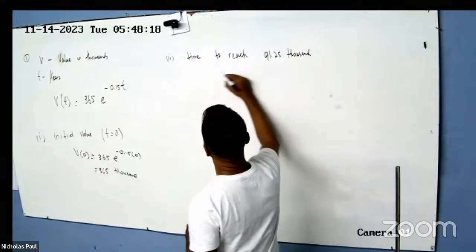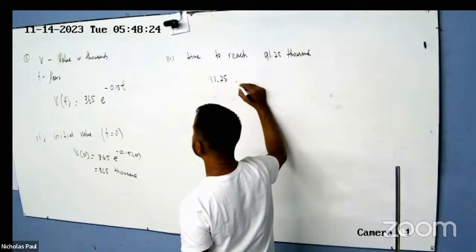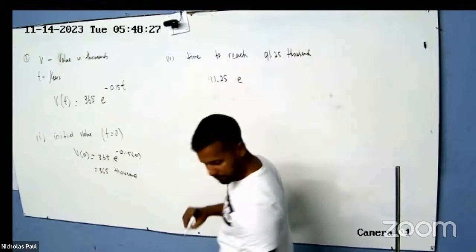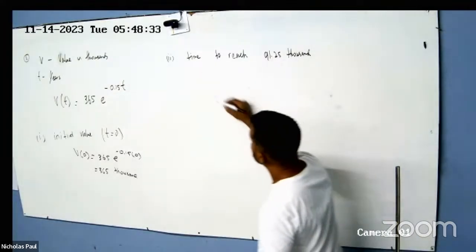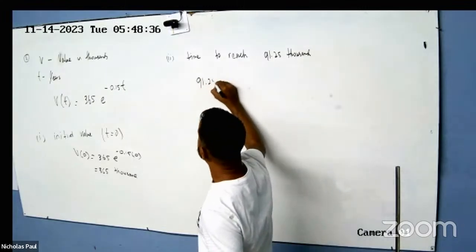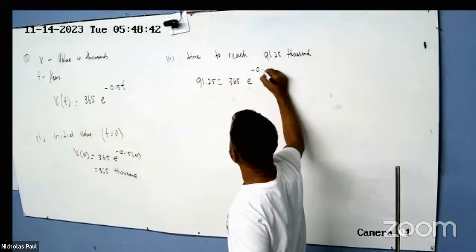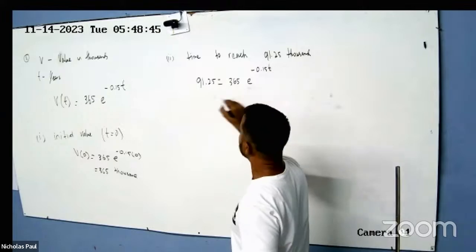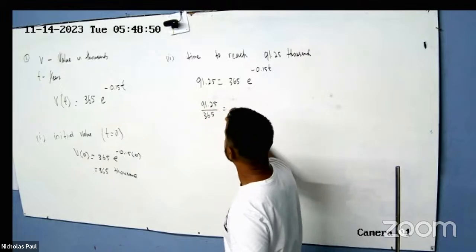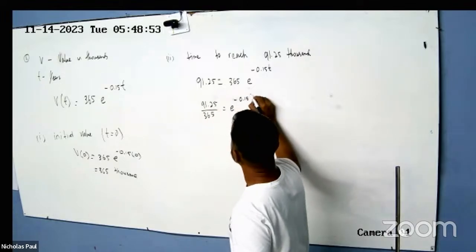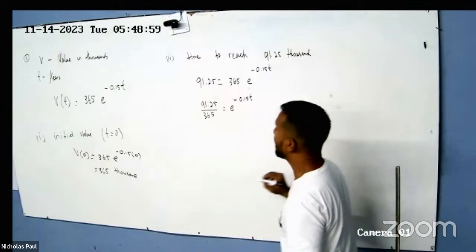Time to reach this value, so you're going to put 91.25 equal to 365 by e to the minus 0.15t. Carry this here. You'll get 91.25 over 365 as e to the minus 0.15t.